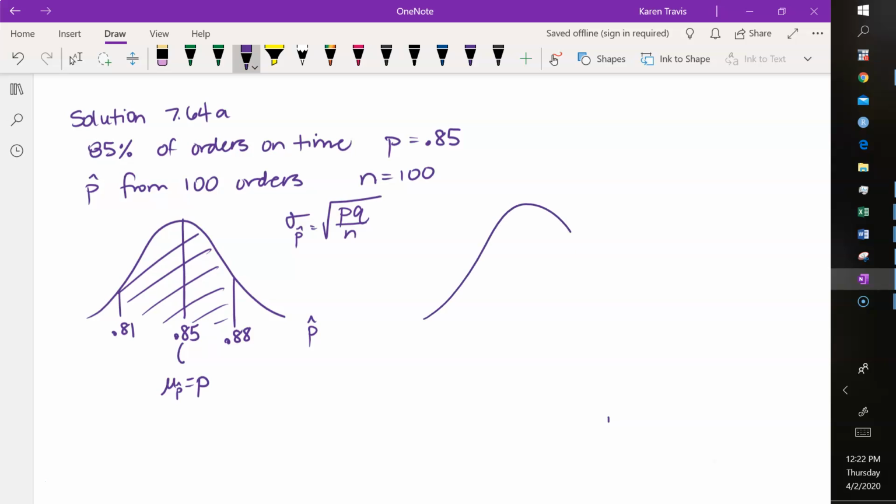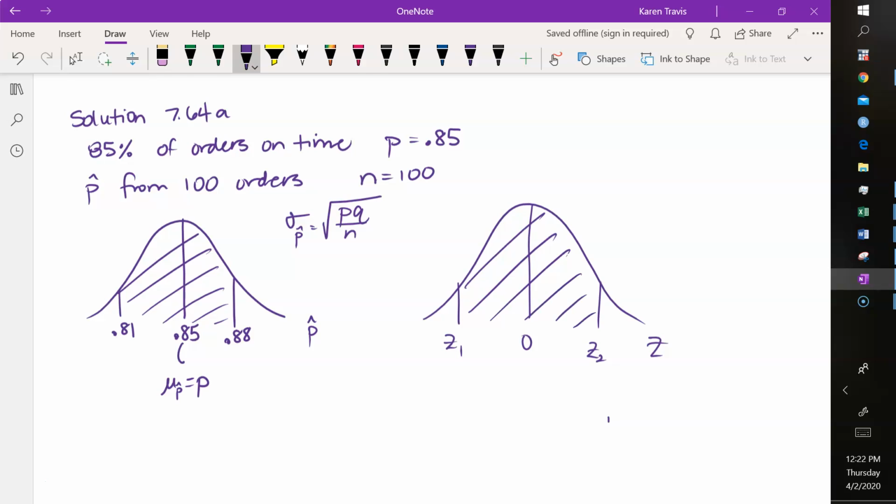So let's go ahead and think about having two z-scores, and we need the area between them. So the first z-score has to come from P hat minus P over the square root of PQ over N. So this one, Z1, will go with 0.81.